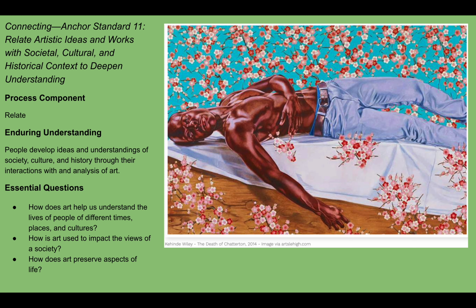What does it tell us about history? What does it tell us about our society at this point? And I think Kehinde Wiley does a lot of work around this, forcing people to answer some questions. How is art used to impact societal views? How does art preserve aspects of our lives, right?